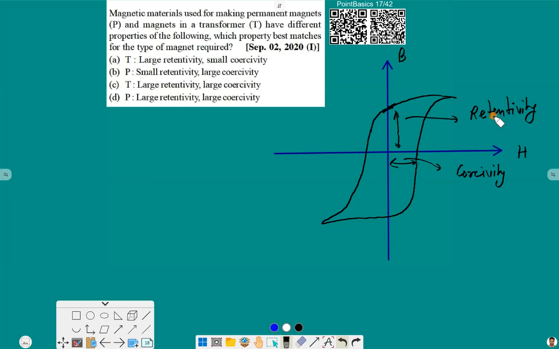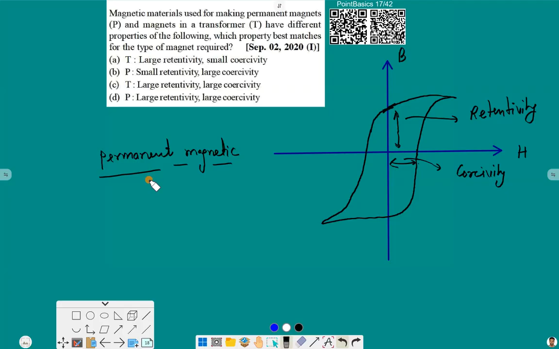Now we need to make permanent magnets, and a permanent magnet has a property that it is very difficult to demagnetize. If it is easy to demagnetize, then it will no longer be a permanent magnet.